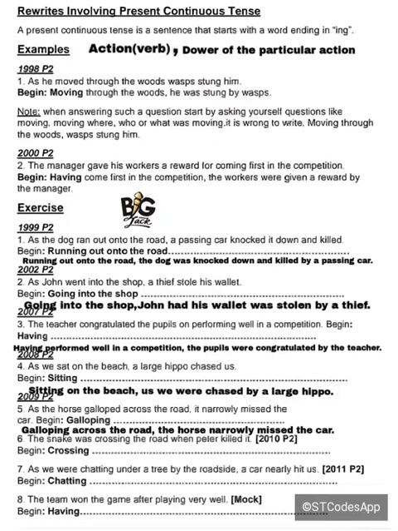The next one, which is question 6, is saying the snake was crossing the road. So the snake was doing the what? Was crossing the road, which means the snake is the doer of that particular action. The snake was crossing the road when Peter killed it.